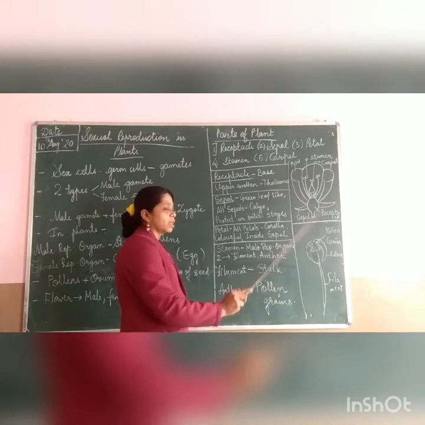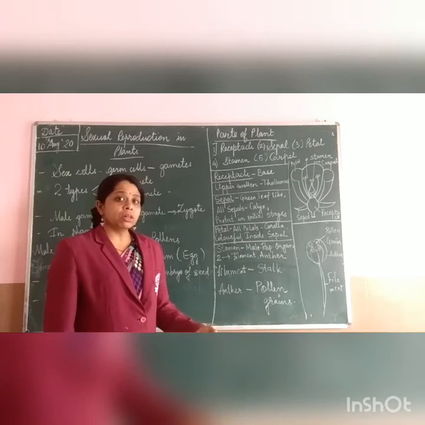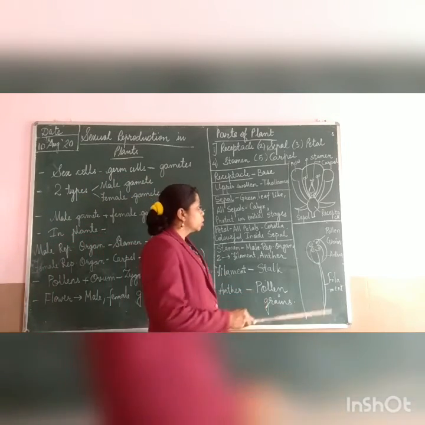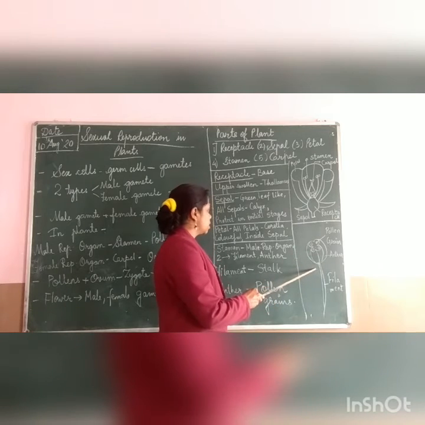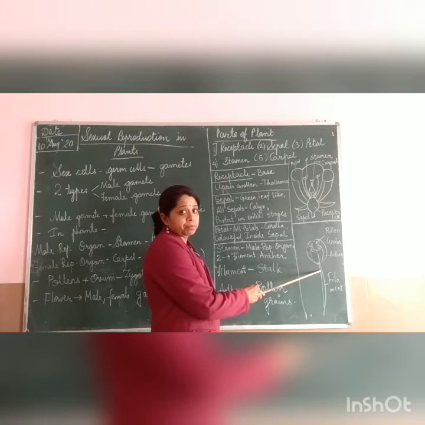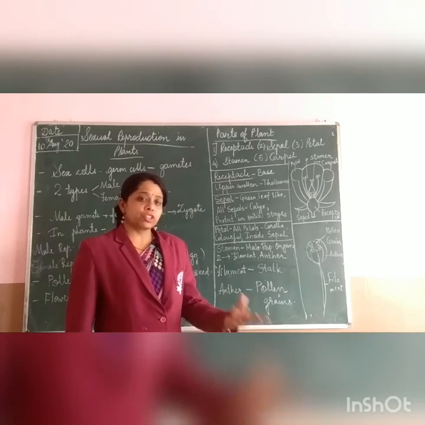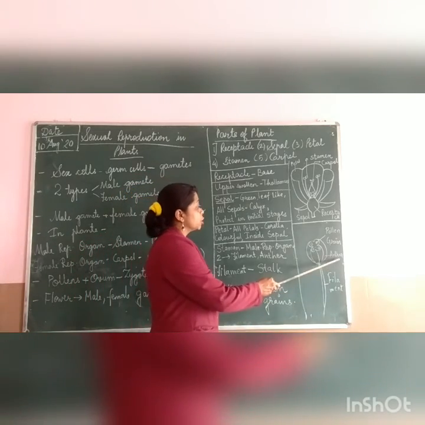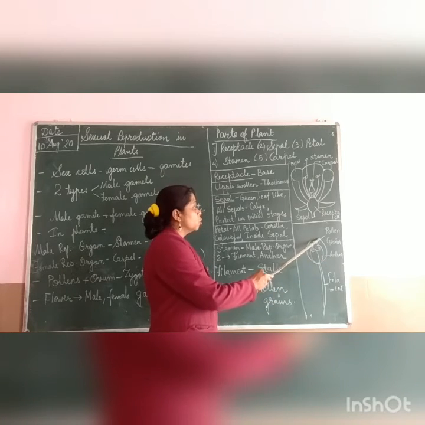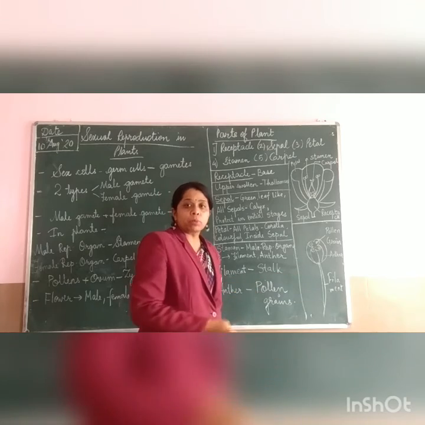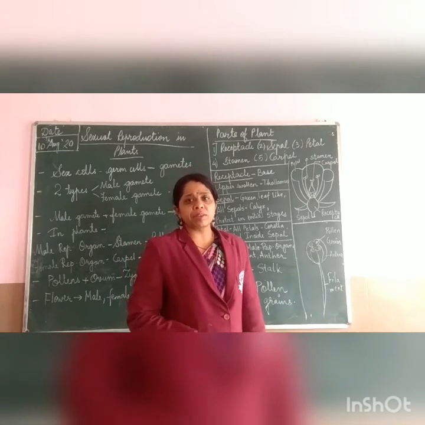Now, what is the filament? Filament is nothing but the stalk of the anther, which will provide support to the anther. The anther is the swollen part, and its major function is to form pollen grains. You know pollen grains? Why are pollen grains important?